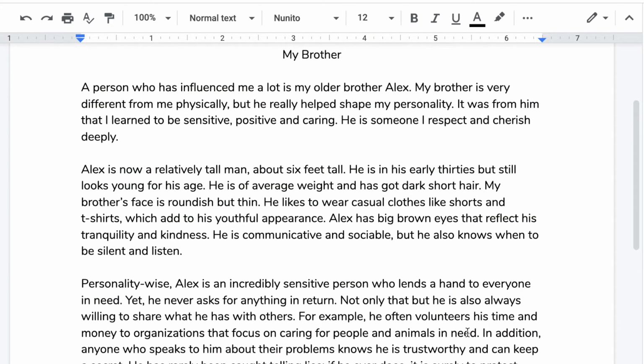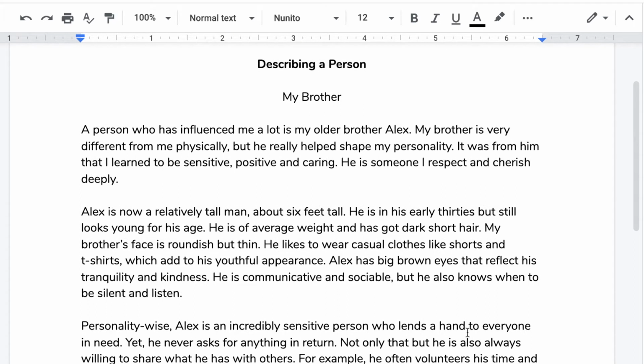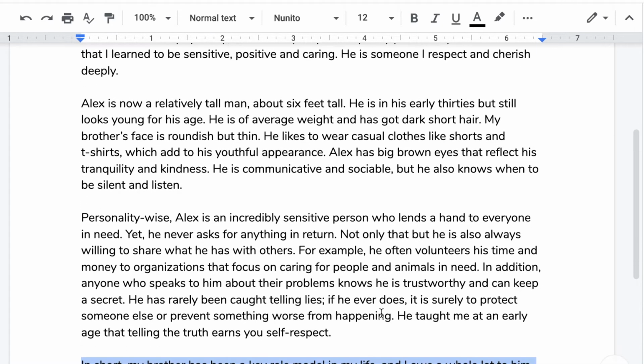So why does this essay have 4 paragraphs? Well, for a couple of reasons. Normally, when people start writing essays of a certain genre, they start writing 5-paragraph essays. We decided to keep it at 4 paragraphs because we wanted this video to not be too long. And also because when you add an extra paragraph, you would be adding, in this case, a third body paragraph to the essay.